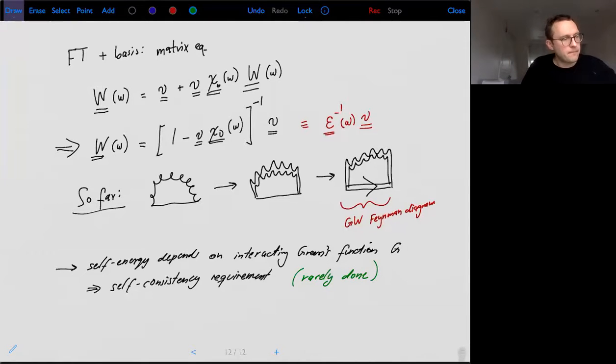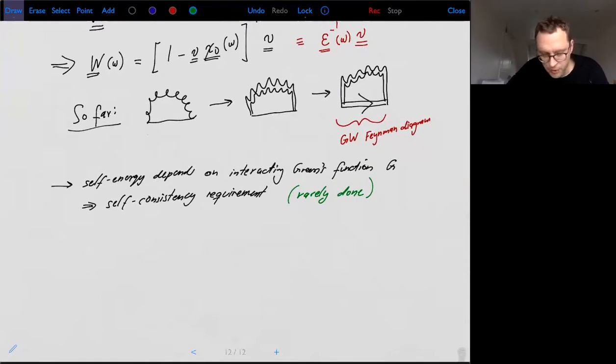So let's see. So we have now obtained our approximate GW self-energy diagram, and now we want to evaluate it. So I want to use the Feynman rules to evaluate this GW Feynman diagram.